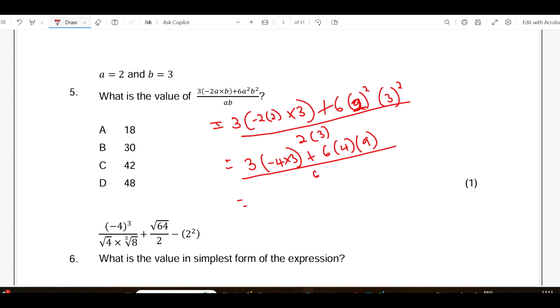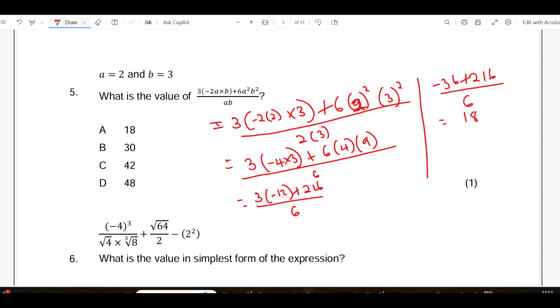It's going to be 3 times negative 12, plus 6 times 4 times 9 is 216, divided by 6. Then 3 times negative 12 is going to be negative 36, plus 216 divided by 6.